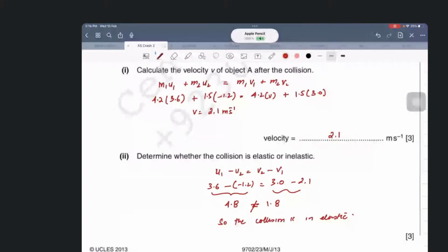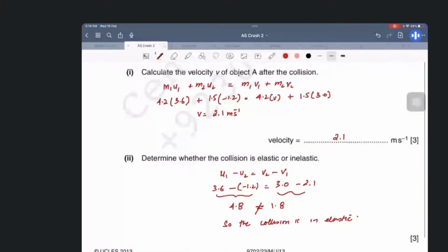Sir, it's actually 3.6 minus 1.2, and 3 minus 1.2? Why not 2.1? Because for object A, velocity after collision is 2.1, but we are looking at the initial velocity. That's why. Oh, okay. Do you understand? Yes, sir.